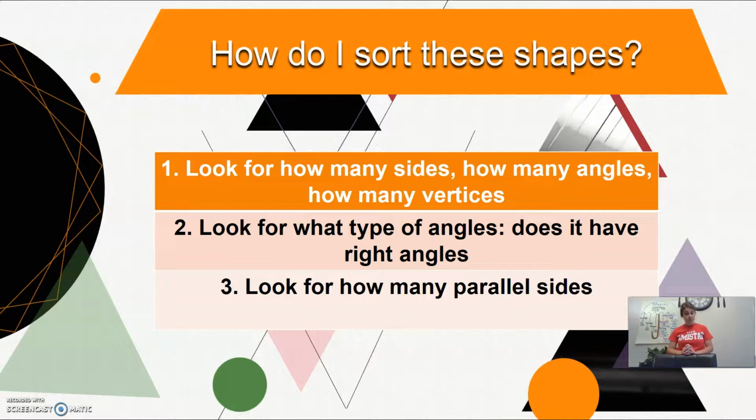Does it have 1 pair or 2 pairs? Sometimes our hexagons can have 3 pairs of parallel sides. So taking that into consideration, the categories you're going to be given are shapes with right angles, and you can put all those shapes into that category, or shapes with 2 pairs of parallel sides, you put all those shapes, or thinking about a Venn diagram, right? And we can begin to sort those knowing what attributes those shapes in front of me have.